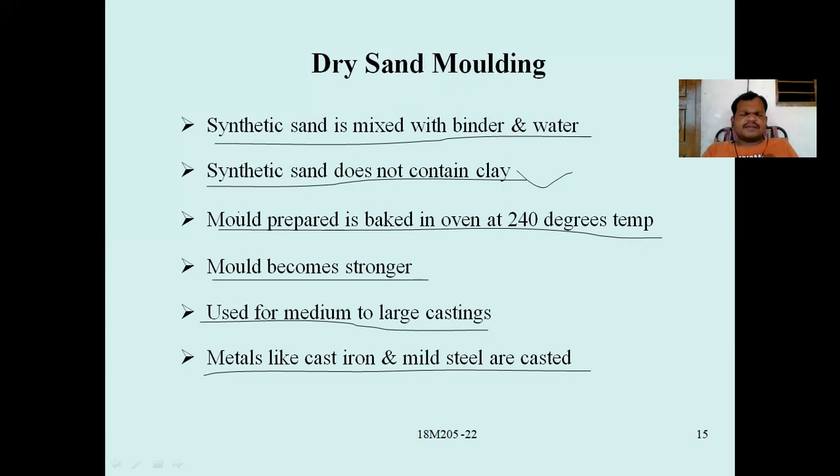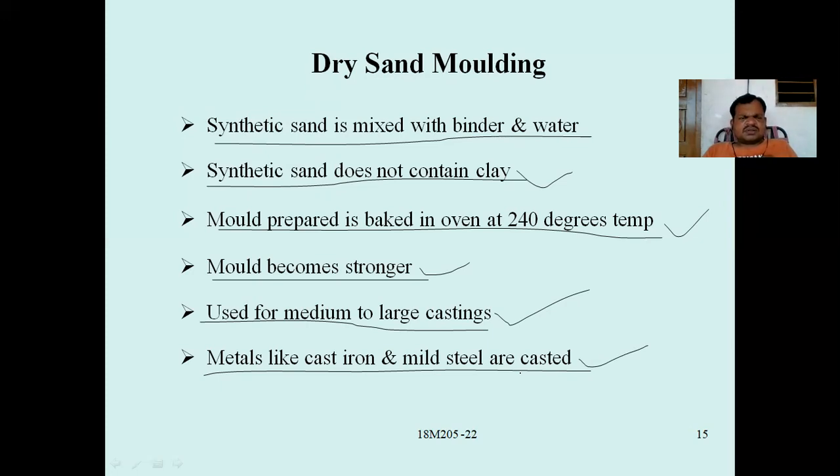The mold prepared is baked in an oven at 240 degrees temperature, and the mold becomes stronger. Used for medium to large casting. Metals like cast iron and mild steels are cast using dry sand mold.